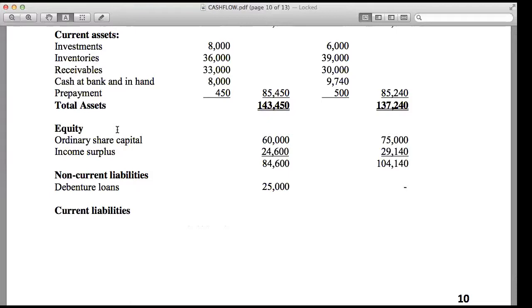No, cash at bank, that's 8,000 and 9,740, right? So what's the one at the end? At the end is 9,740. Is that so? Yes. And then at the beginning is 8,000, right at the start of the year.